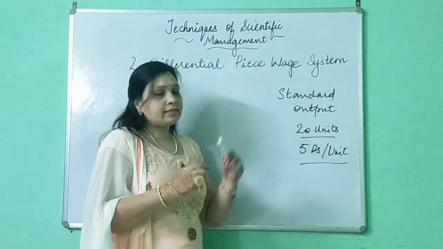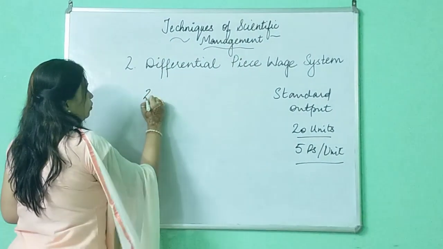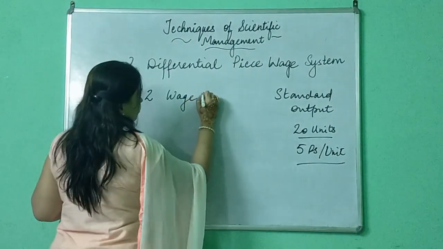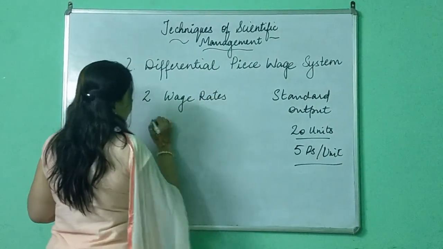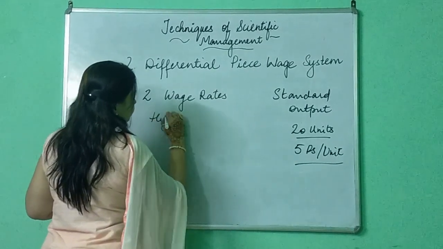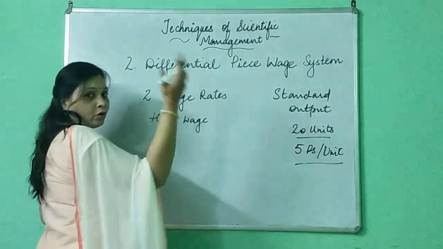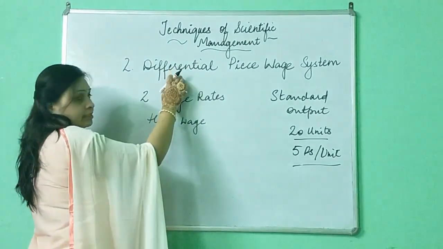So according to this system, there are two wage rates. Under the older system we have only one, but according to this system we have two.